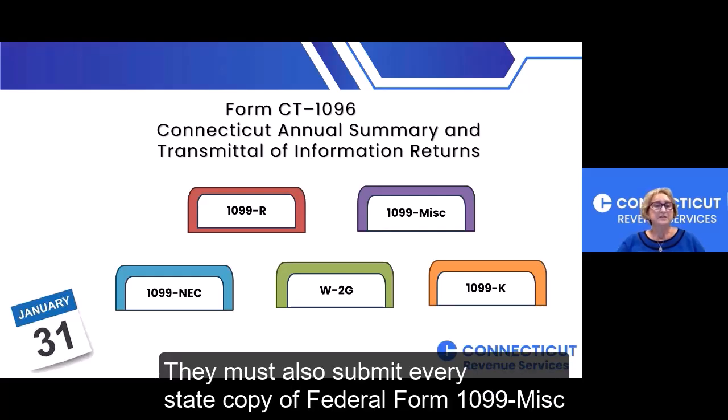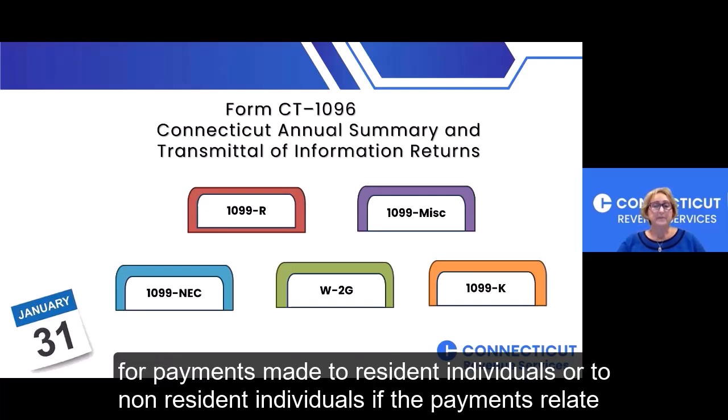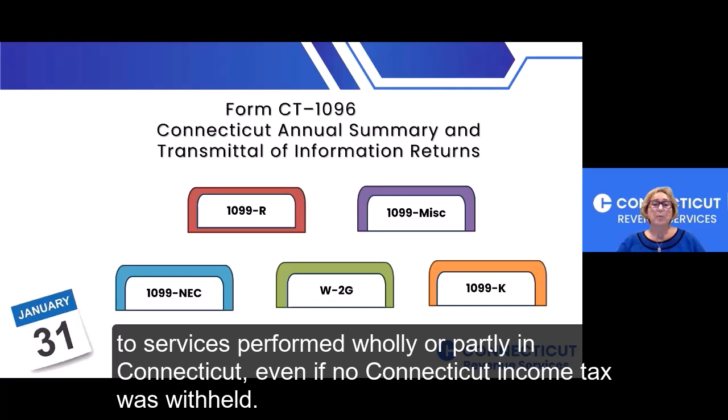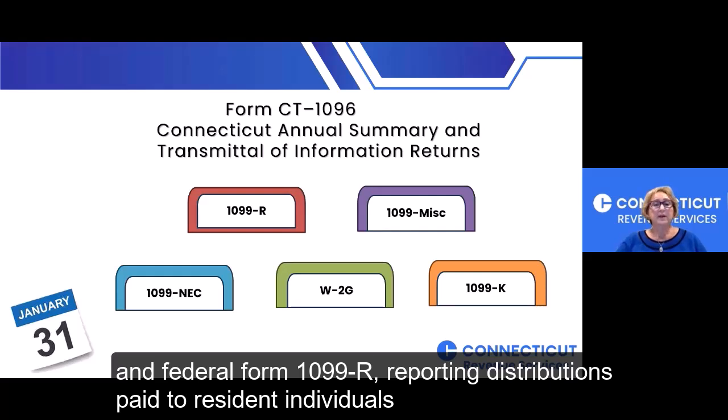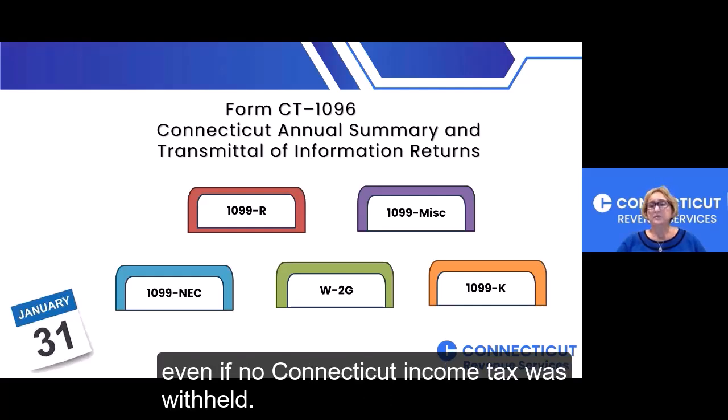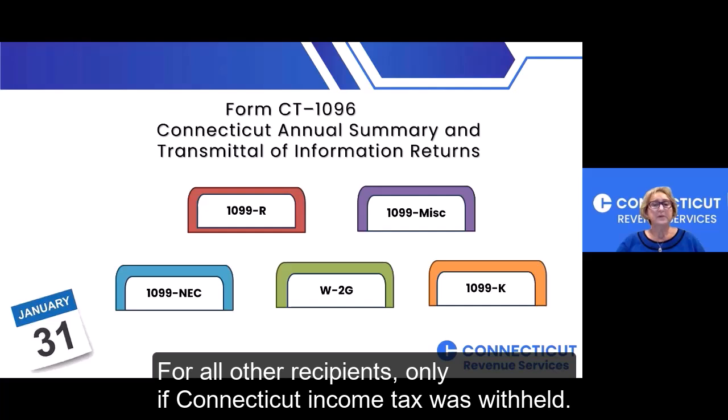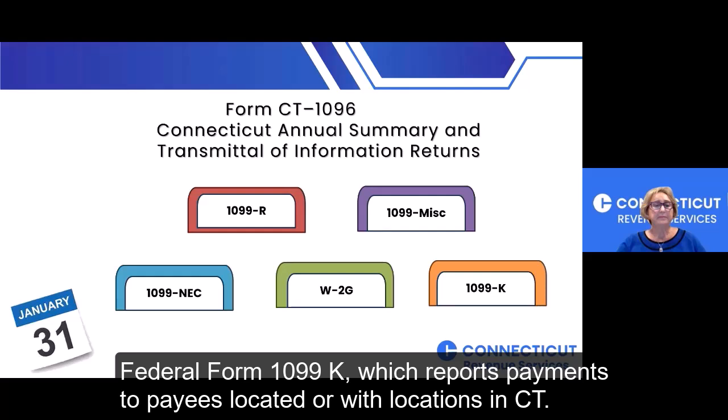They must also submit every state copy of Federal Form 1099 miscellaneous for payments made to resident individuals or to non-resident individuals if the payments relate to services performed wholly or partly in Connecticut, even if no Connecticut income tax was withheld. And Federal Form 1099-R, reporting distributions paid to resident individuals, even if no Connecticut income tax was withheld. For all other recipients, only if Connecticut income tax was withheld.